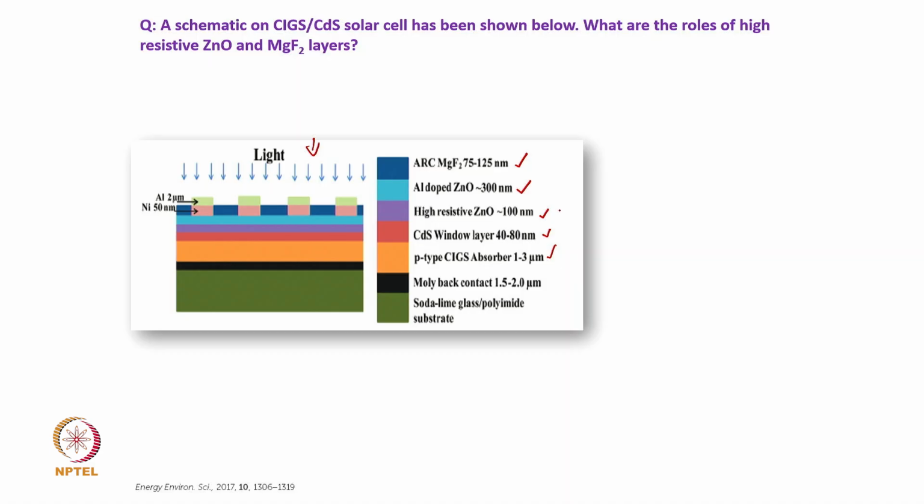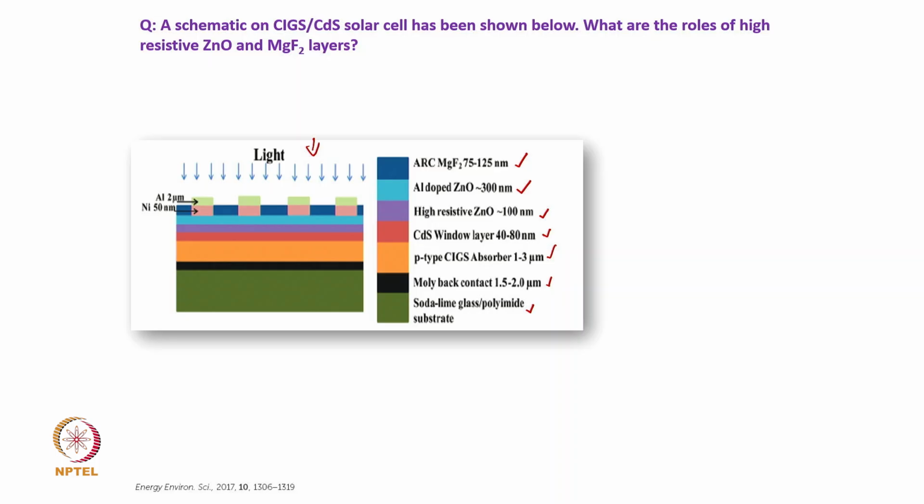And then as usual, the CdS window layer of 40 to 80 nanometer, which is N type, and the P type CIGS, which is the absorber layer, typically 1 to 3 micrometer, is used, and then the moly back contact of 1.5 to 2 micrometer. And then, as I mentioned, it is either grown on soda lime glass or polyimide substrate.